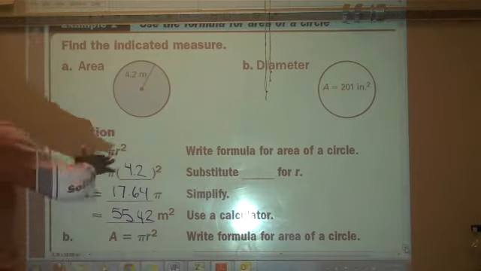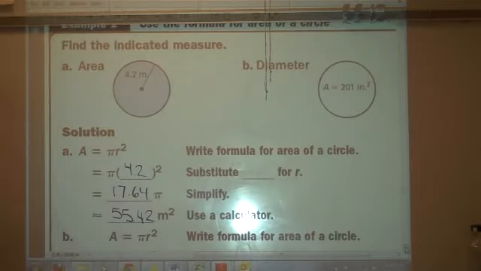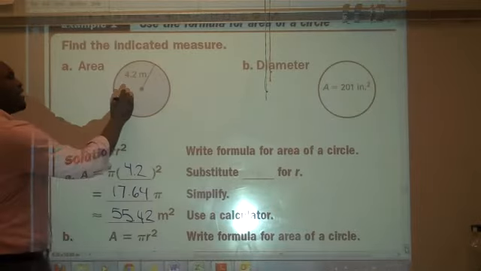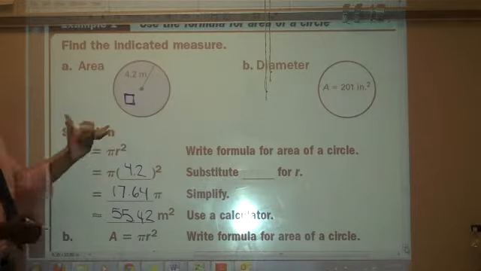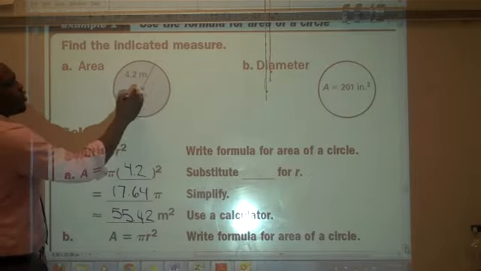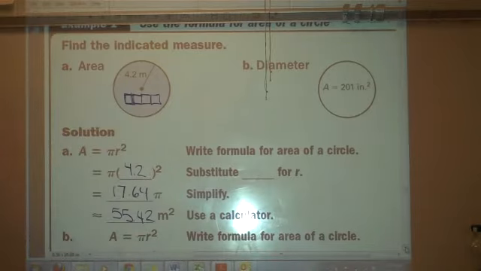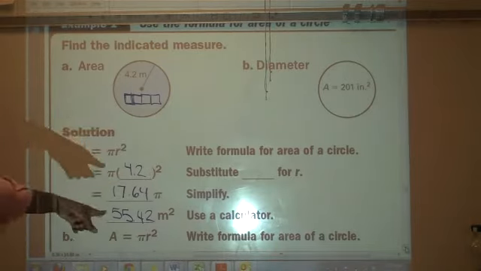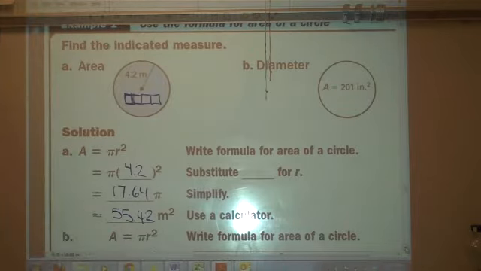What square meters means is that if I have a square that's 1 meter in height and 1 meter in width, and this circle was actually drawn to size, I can fit about 55.42 of these boxes inside my circle. That's why we use square meters as our units. Anytime you're talking about area, your units are going to be square.